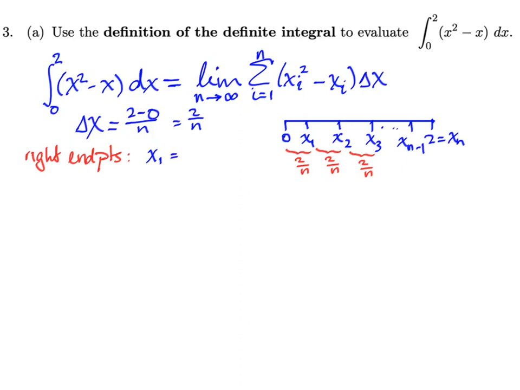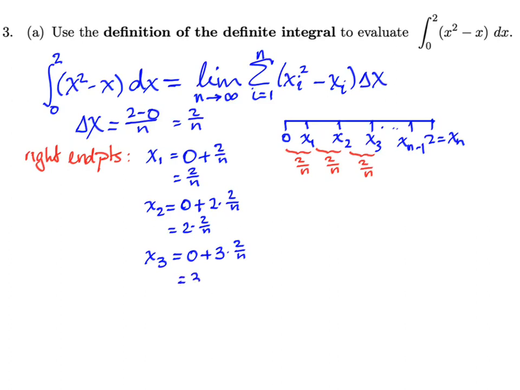So x1, we can see, is just 0 plus 2 over n, or just 2 over n. The next one, x2, we can tell by looking at it, is 0 plus 2 times 2 over n. x3, similarly, is 0 plus 3 times 2 over n.